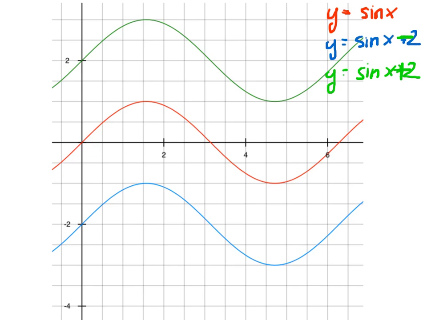So let's talk about what all of these translations and transformations mean. I'm now going to write the sine function in general terms that would encompass all of those translations and transformations.